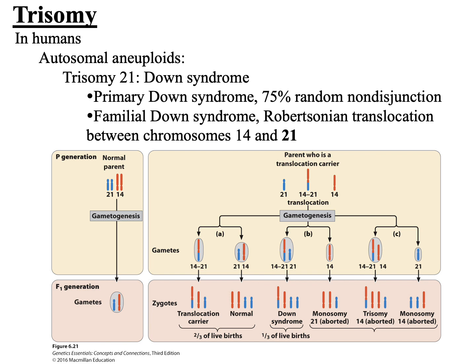So we discussed non-disjunction at the beginning of this lecture, and that is either a failure of homologous chromosomes to separate or sister chromatids to separate. And in this figure on the left-hand panel, you can see examples of that. So again, a majority of the cases fall into this particular category.